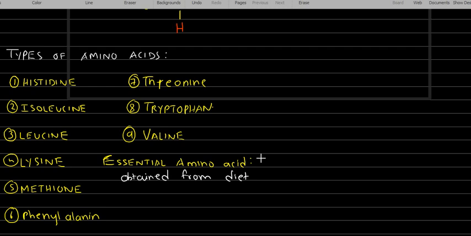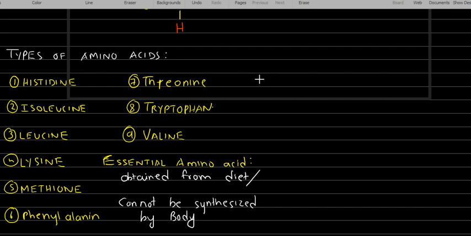There is no other source, or they are amino acids which cannot be synthesized by the body. The body has to depend on diet. You have to eat food so as to gain these amino acids in your biological system. The rest of the amino acids we can classify as non-essential amino acids.